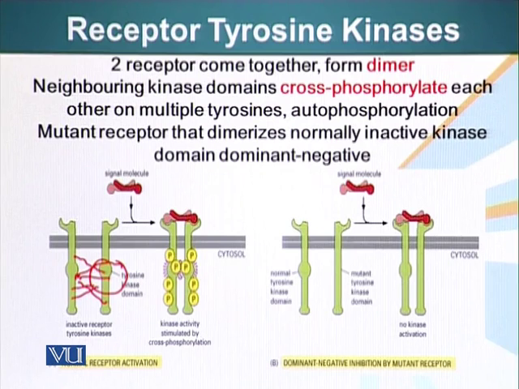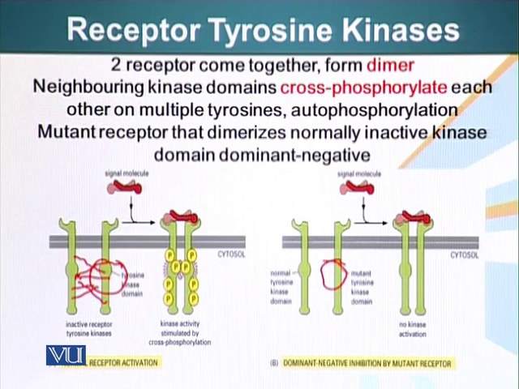A simple experiment people have done is that in a cell, they have a normal receptor and they add a mutant receptor to the cell. This mutant receptor does not have the kinase domain, the domain which has the enzymatic activity. So if these mutant receptors are in abundance, they pair up with the normal receptors.